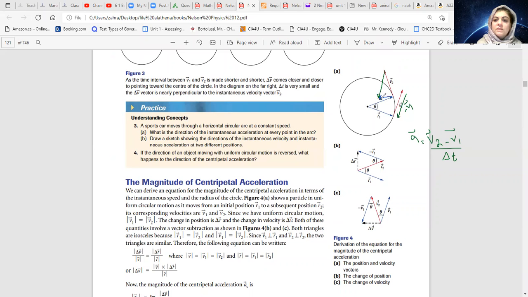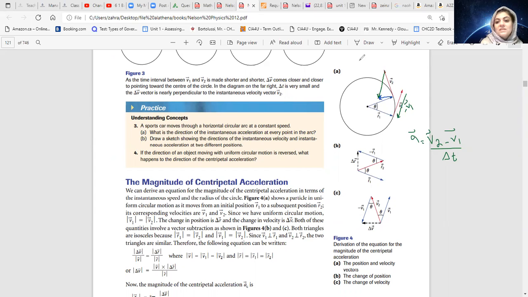If I do that precisely, I can prove that this is going to be toward the center. So you can see here they did it better. So it's v1 and here's negative v1, and v2 is added to the negative v1. So here will give you delta v.